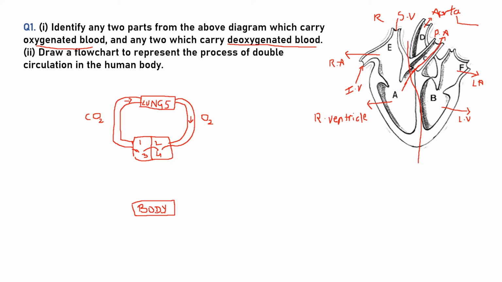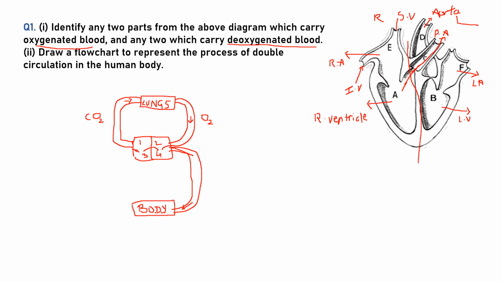And from the left ventricle, let me draw, this oxygenated blood is sent to the body. Oxygenated blood is given to the body through which vessel? Through the aorta.